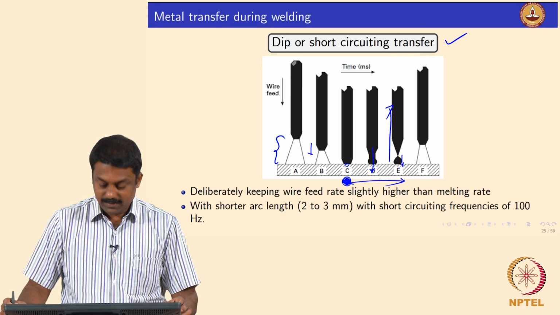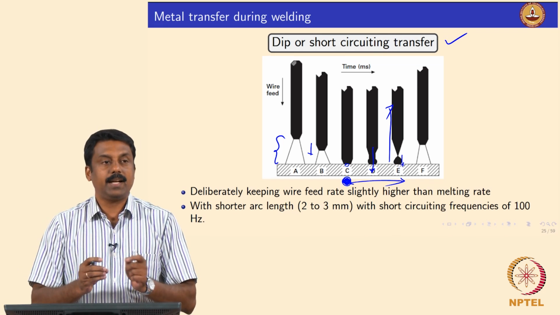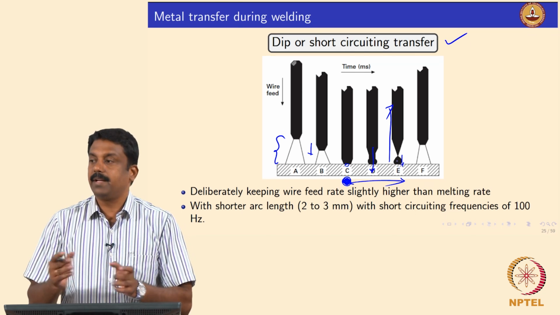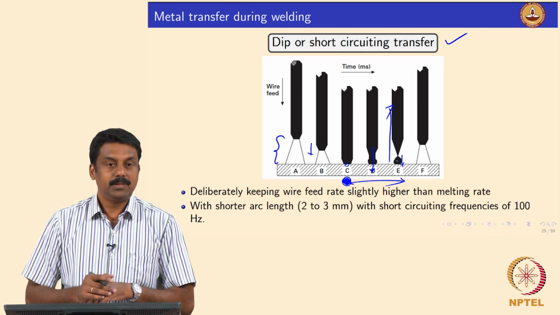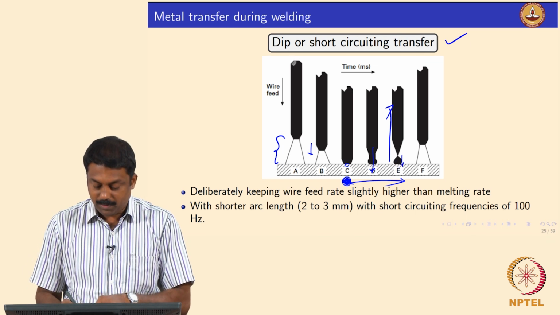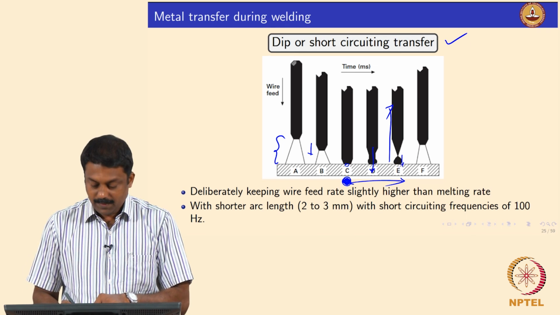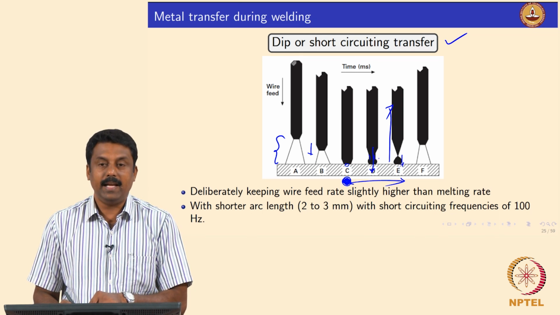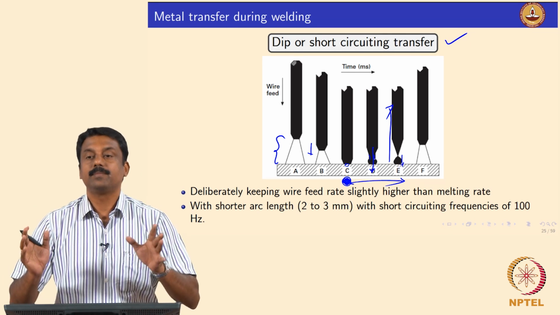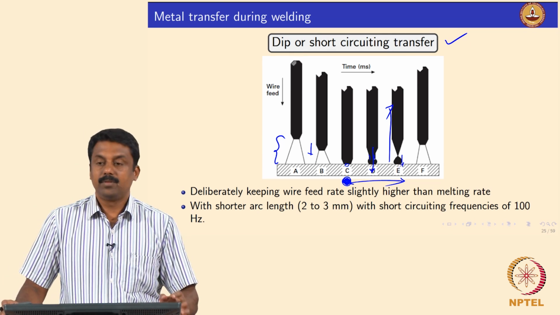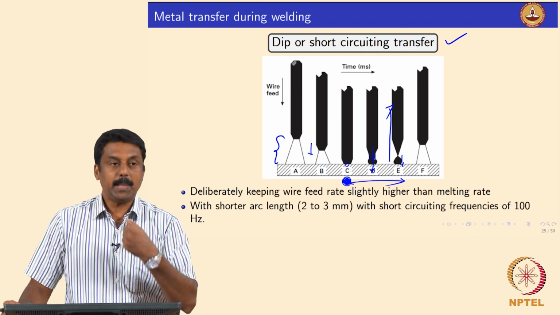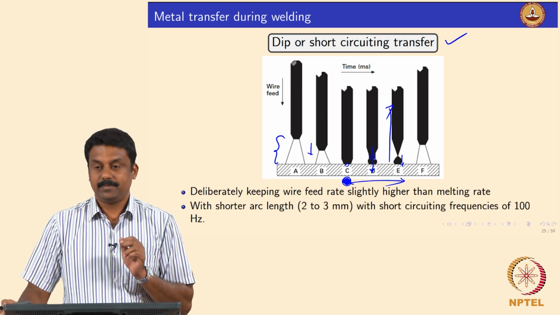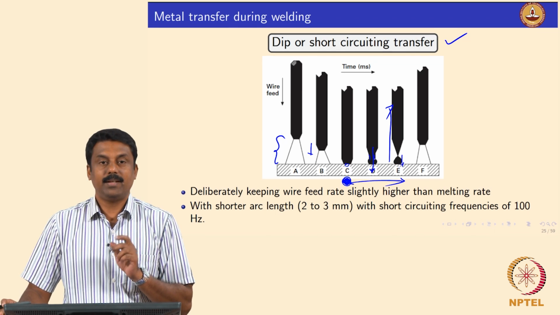And during this process, by carefully manipulating the current voltage waveform, we can transfer the droplet without any explosion. That is very critical, because if you keep on passing the same amount of current when you form a neck, then you increase the Lorentz force so high and you will have explosion. Okay. So, your power source should be capable of turning the current off the moment short circuiting happens, right.